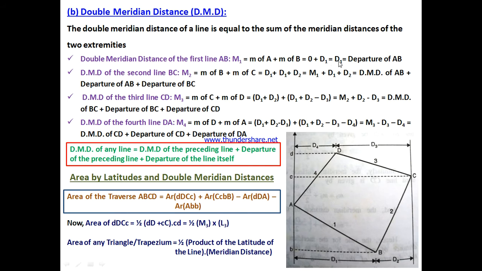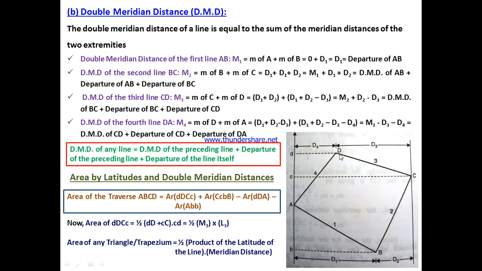Now meridian of C. If I have to reach this point, I need to cover this part and then this part. So the meridian of C will be equal to D1 plus D2. In this manner we determine the meridian of C.